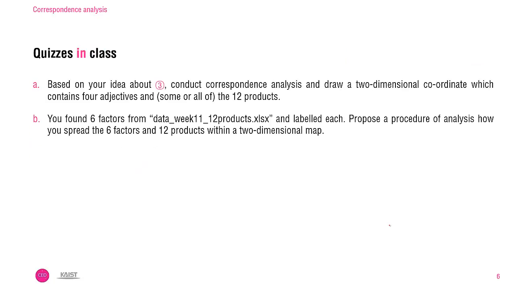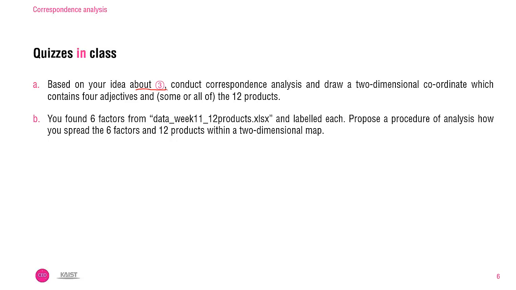And in class, based on your idea about the answer 3 in the previous page, you will conduct the correspondence analysis and you will draw a two-dimensional coordinate which contains 4 adjectives and the 12 products. It's not necessary to include all 12 products. You can select very different couple of products out of 12.